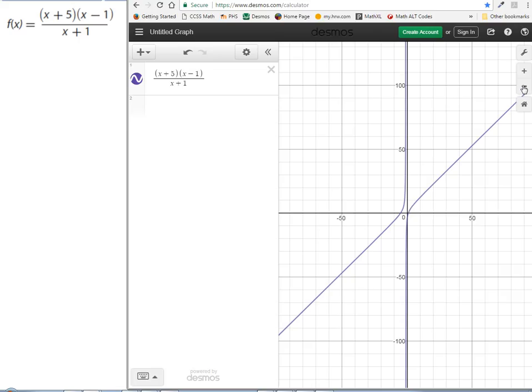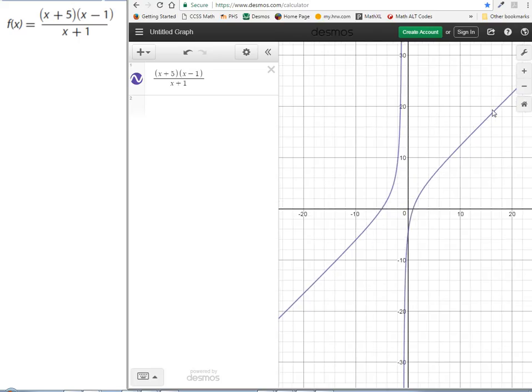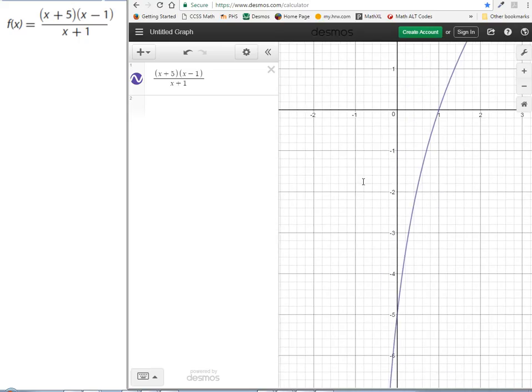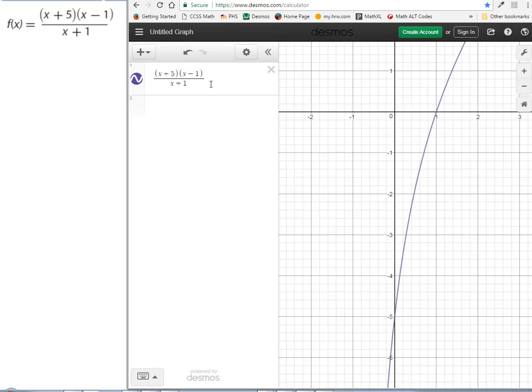Ariel, tell me, where's the vertical asymptote? Where does the function run into a vertical barrier? It looks like 0. Kind of looks like 0. But if I zoom in a little bit, where is it? 1. Looks like 1, isn't it? Yeah, right at 1. And that's because that's the 0 of the bottom.